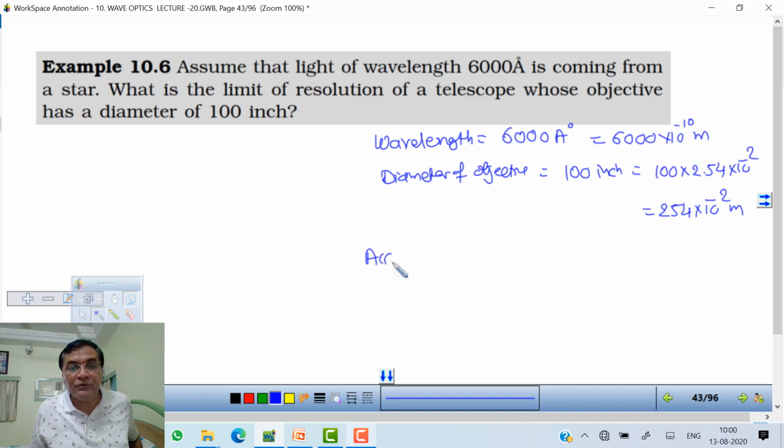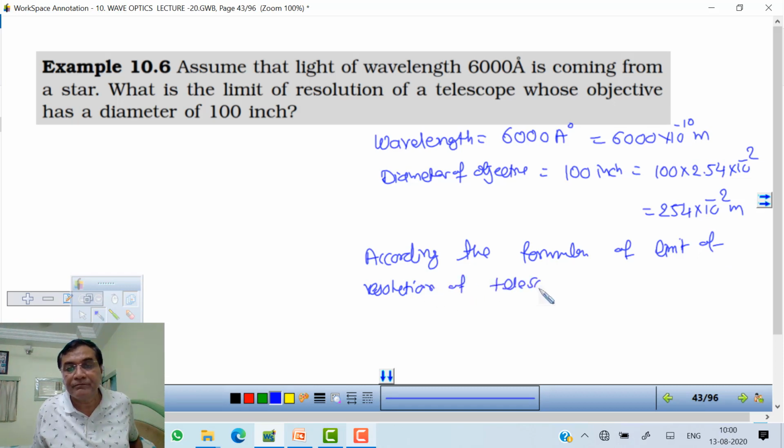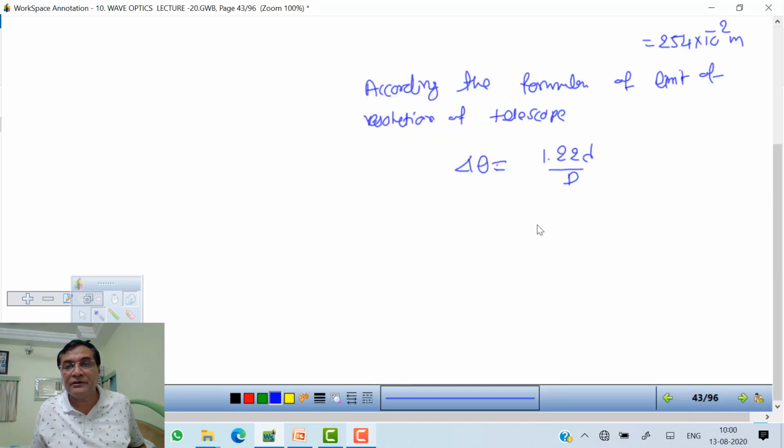So according to the formula, limit of resolution of telescope, alpha, or you can say delta theta, is equal to 1.22 lambda upon d.